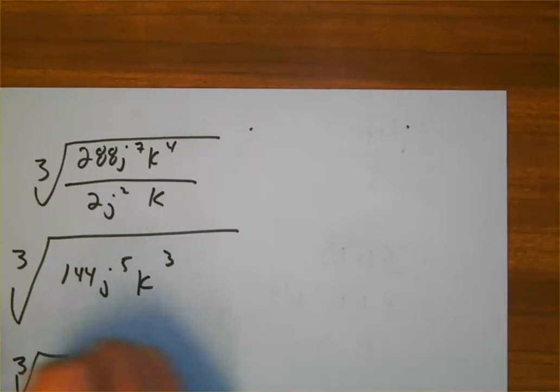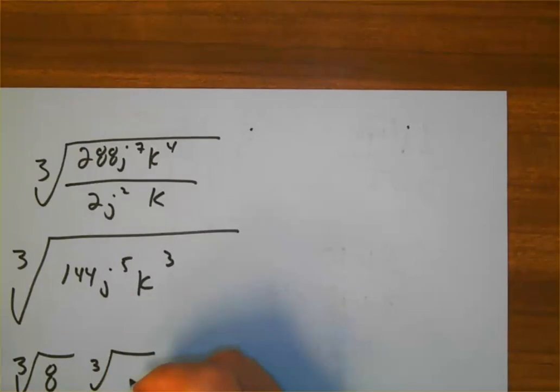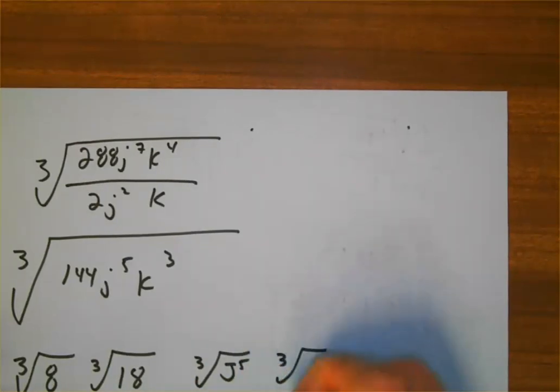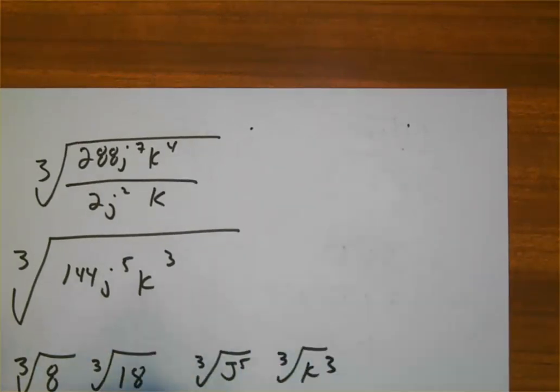I think 8 times the cube root of 18, and then I'm going to do the cube root of j to the 5th, cube root of k cubed. So this becomes 2, and then I believe this is still the cube root of 18 because this doesn't reduce. And then how I do this, I do 3 going into 5.